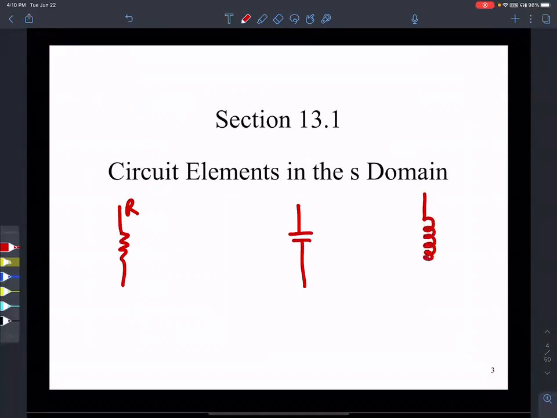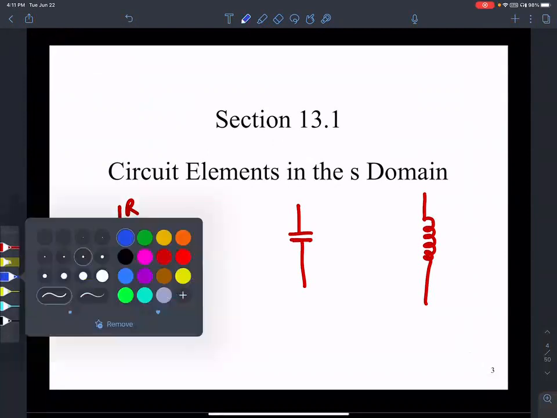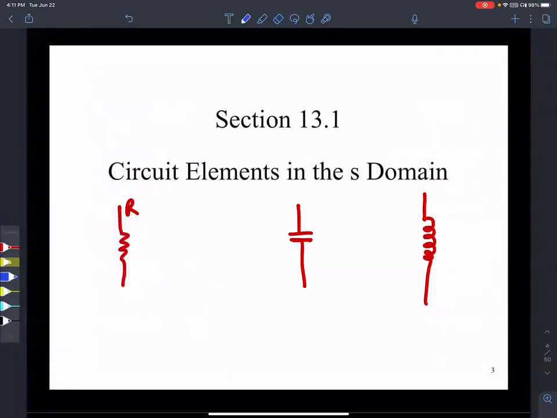These are the three circuit elements that we have seen in time domain and frequency domain, if you remember. The frequency domain of a resistance was R, and in this chapter we are going to look at the S domain equivalent.